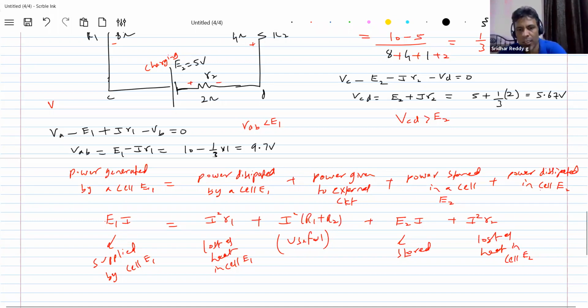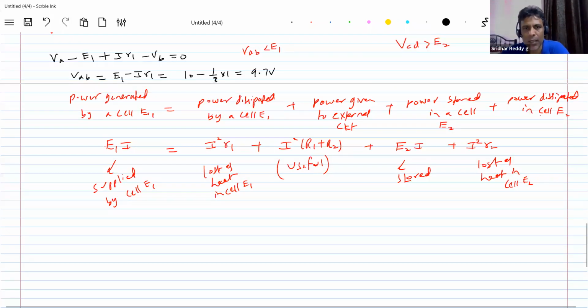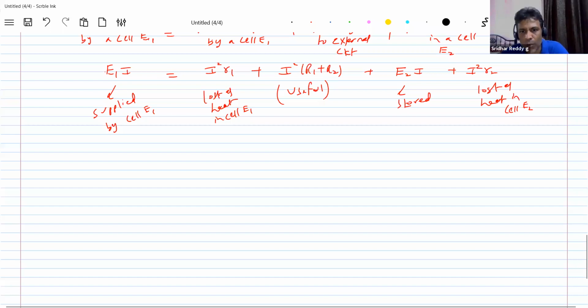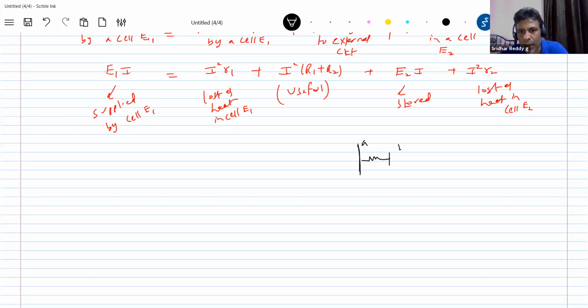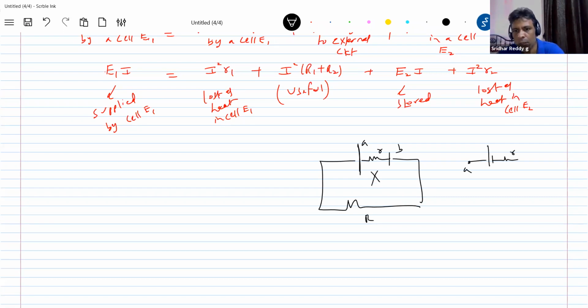And you should not connect the cell in this way. The internal resistance should not be shown like this. Sir, you only said internal resistance, I'm bringing it inside. This will be wrong. What is the correct representation? Can you connect a bulb here?